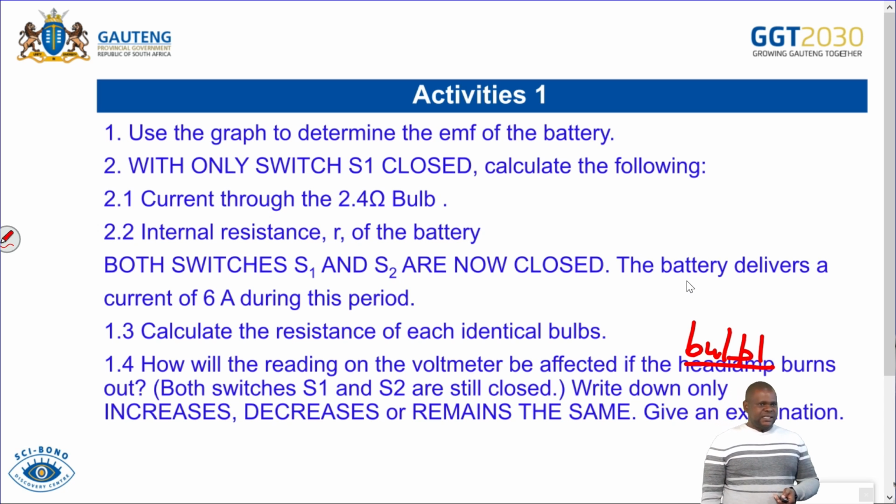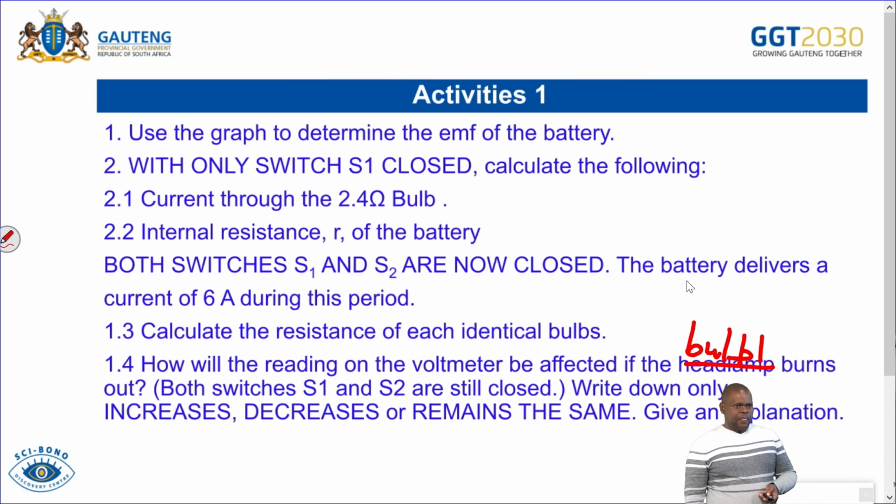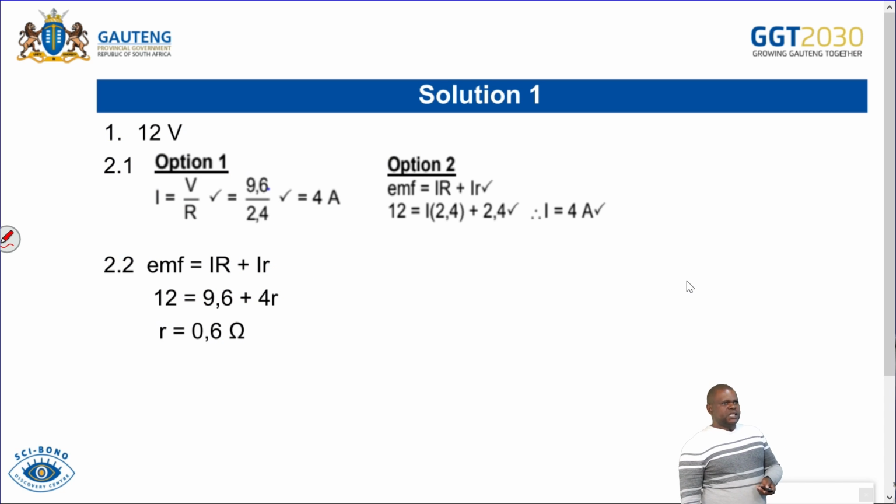Then number 2, they said, with only switch 1 closed, calculate the current through the 2.4 ohm bulb, which is R1. The question means that they want R1, the resistance of the R1 resistor. This is how we get it.